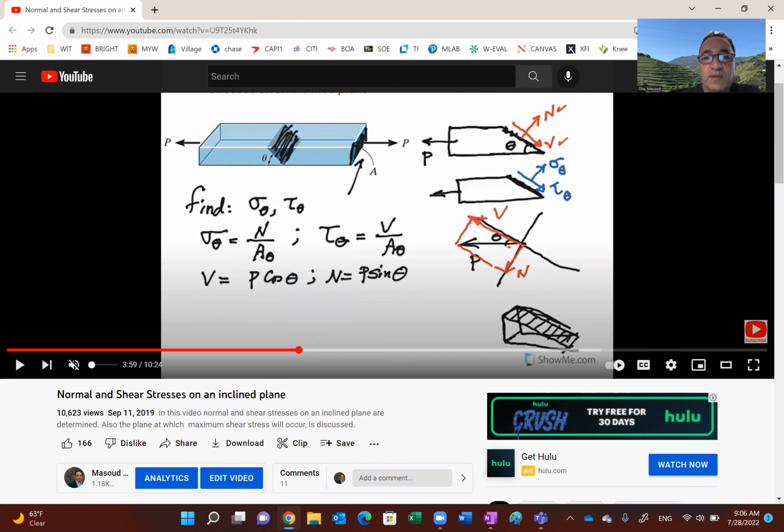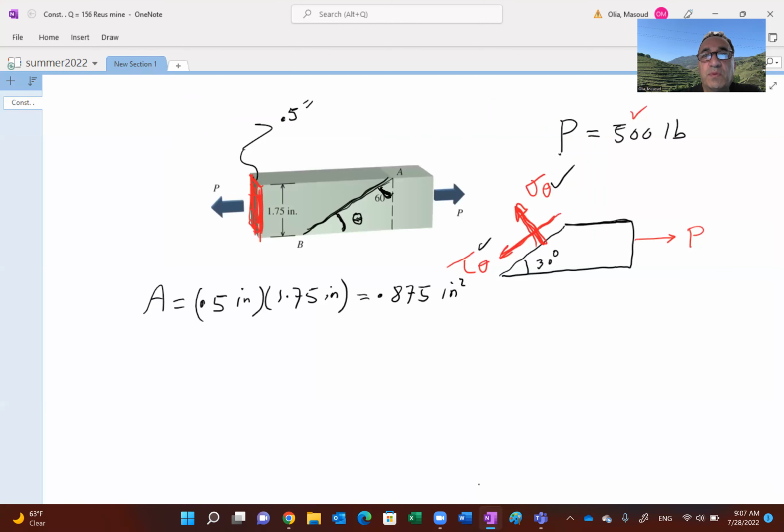In this picture, by mistake, some people would use 60 degrees. The angle is 30 degrees. So the formulas, you remember, sigma sub theta was P over A sine squared theta.